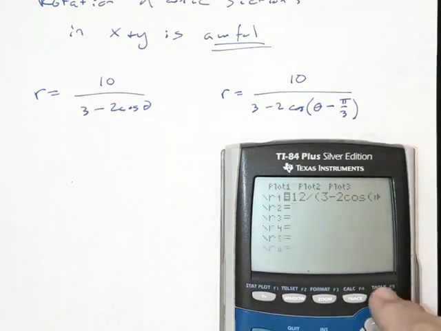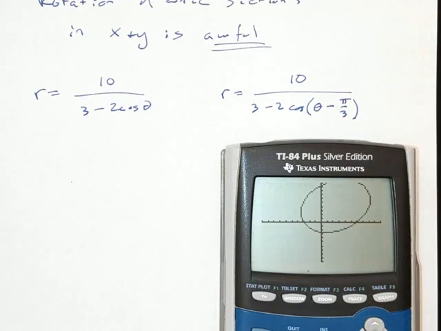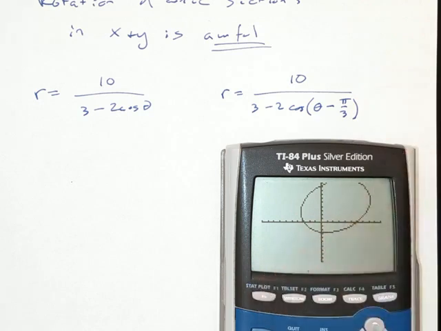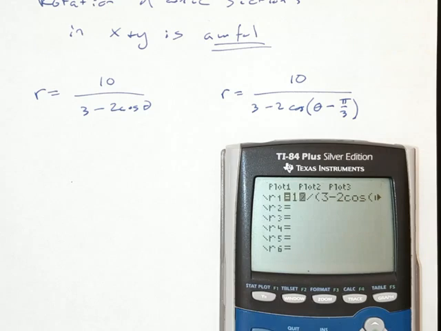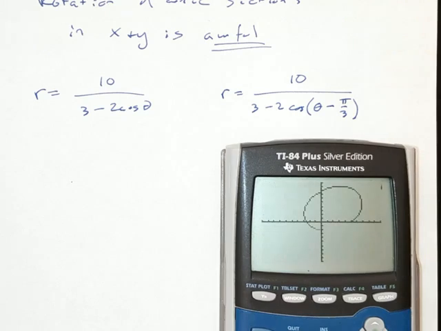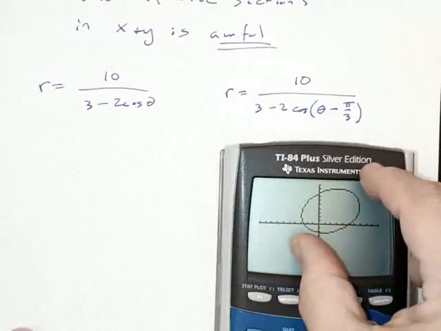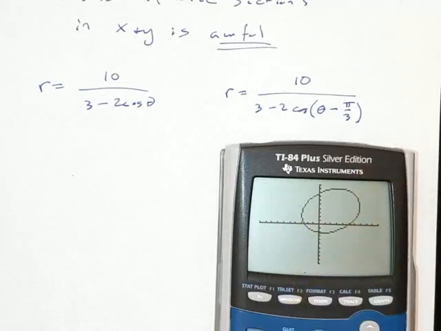This one is spun 60 degrees, by pi over 3. Oh, because I made a copy error. There we go, 10. It took the same picture we had earlier, it was over here, and turned it to pi over 3. I rotated my axis. What if instead of going counterclockwise, I want to go clockwise? Use a plus instead of a minus.